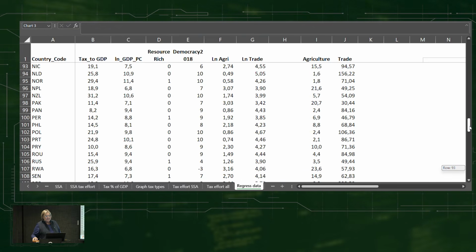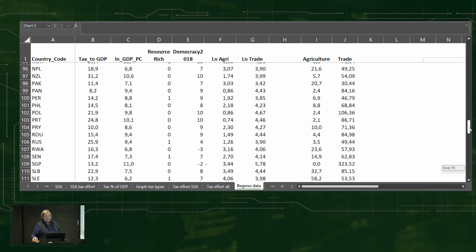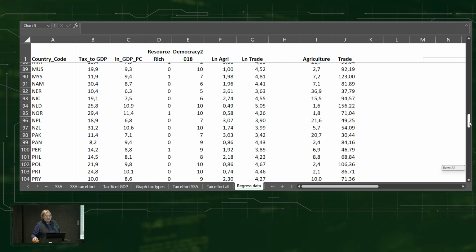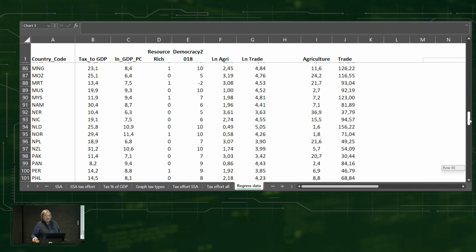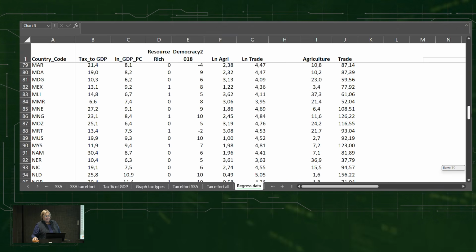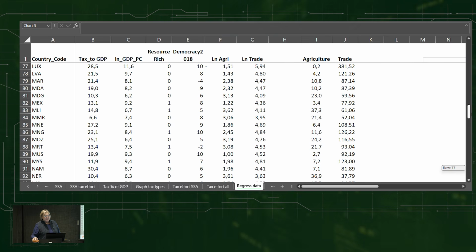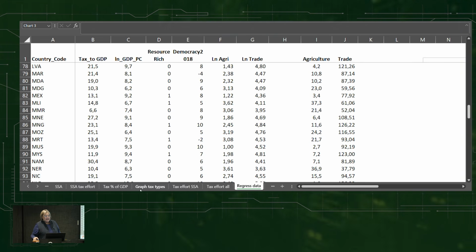Malawi. Yeah, so first thing you have to go and check whether it's in the data set. Is that your country code? MLI?